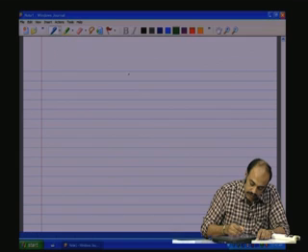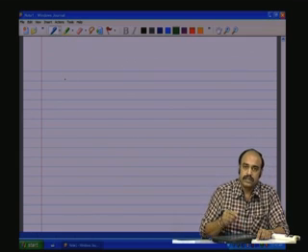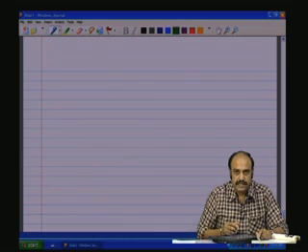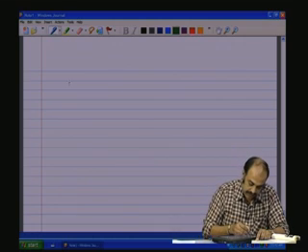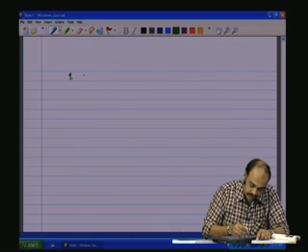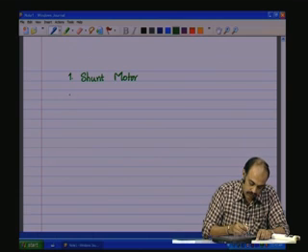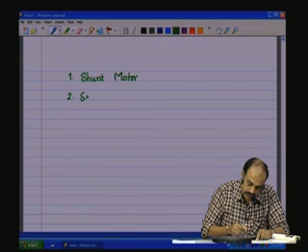Now, the DC motor itself is classified again based on the type of excitation, how we give the flux: the shunt motor, the series motor, and the compound motor.